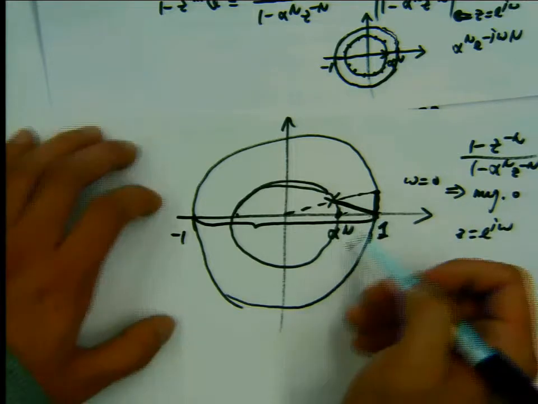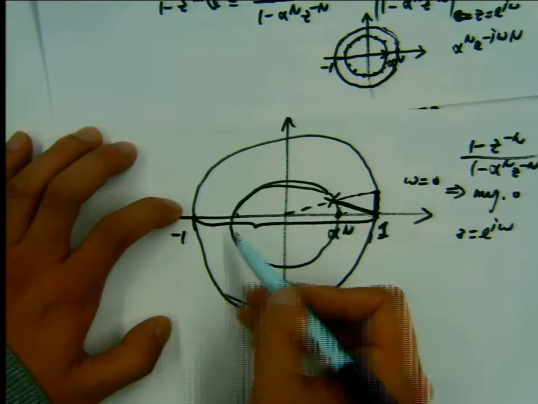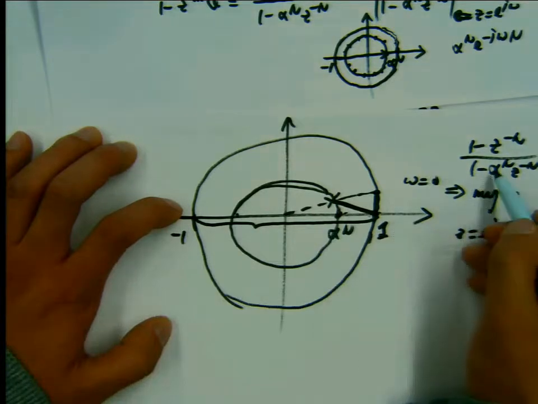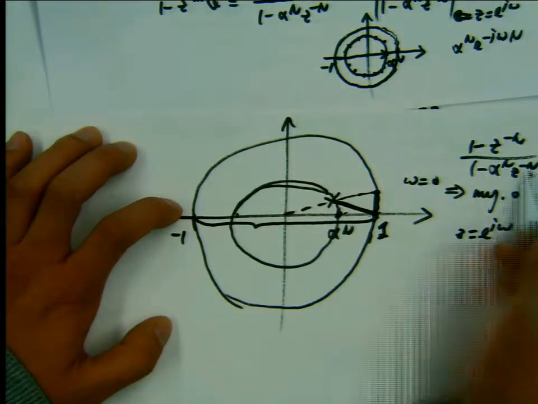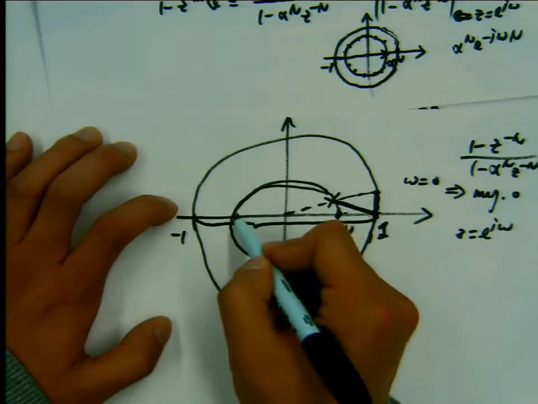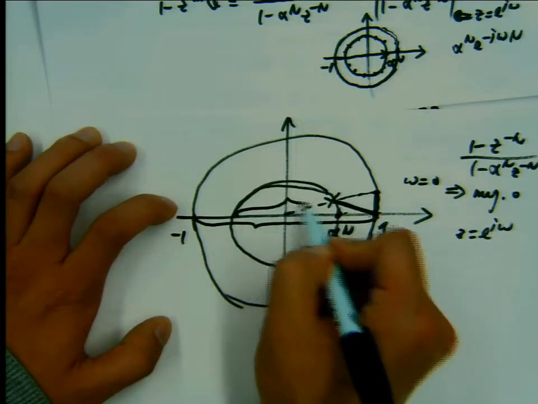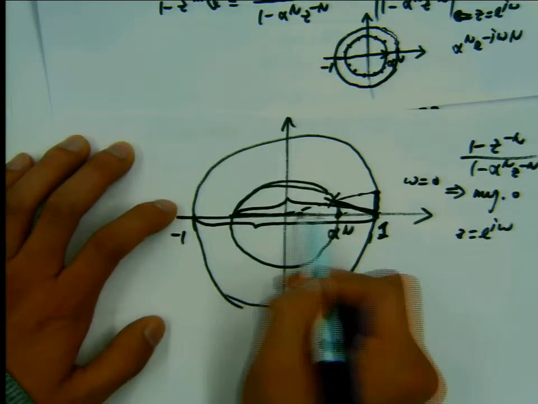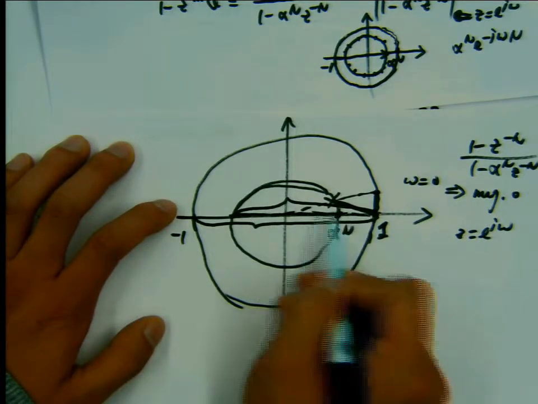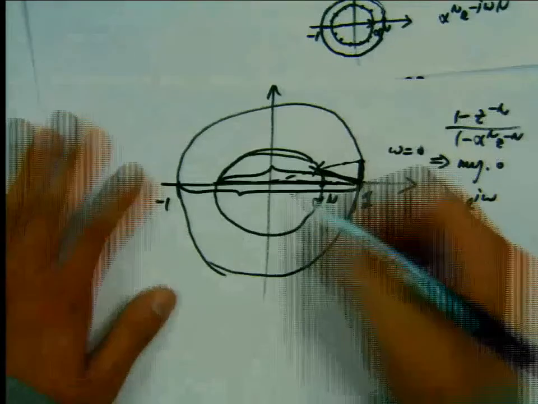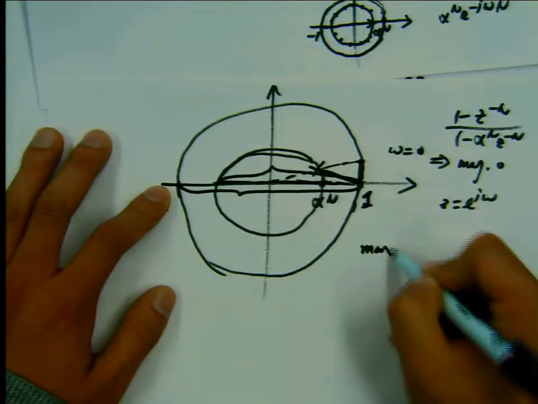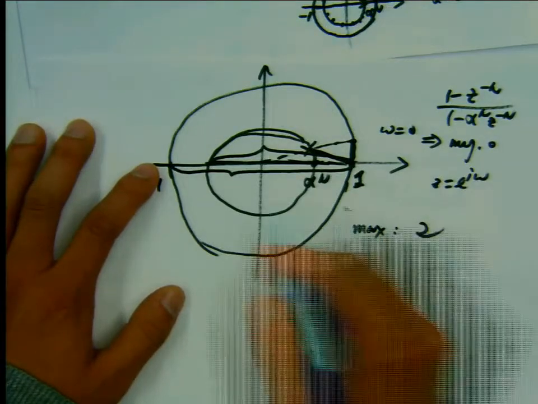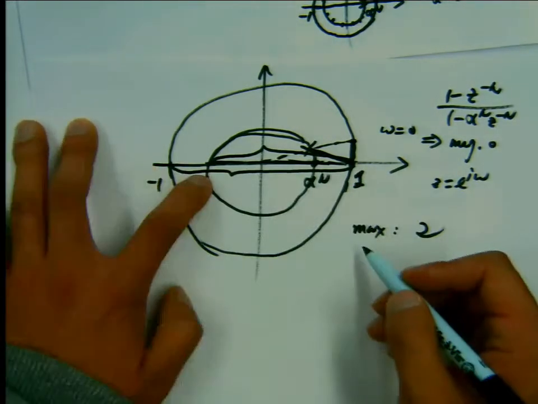What's the magnitude of the denominator? It's here, right? 1 minus α^n z^{-n}, and z^{-n} is right in here. Okay? Oh, it's this guy. See, immediately what's happening here? Originally, I have a maximum magnitude of 2. Now, in this new approach, what's the maximum magnitude in this case?